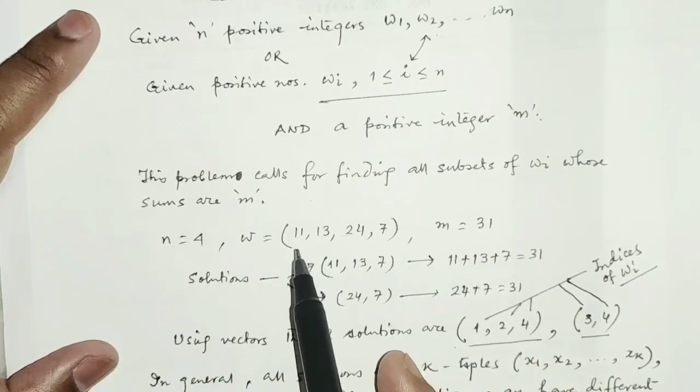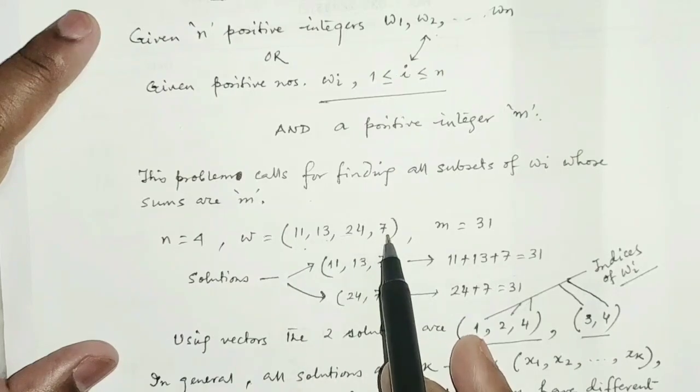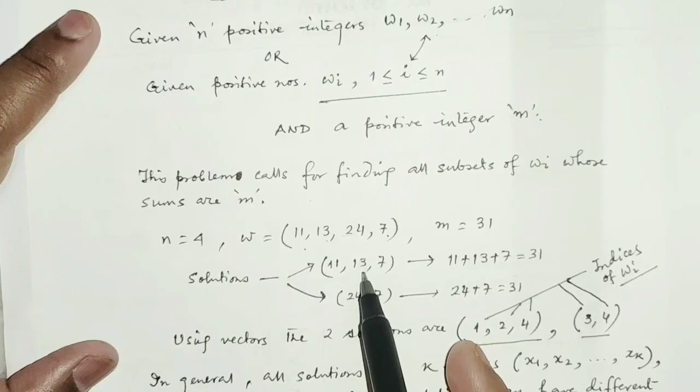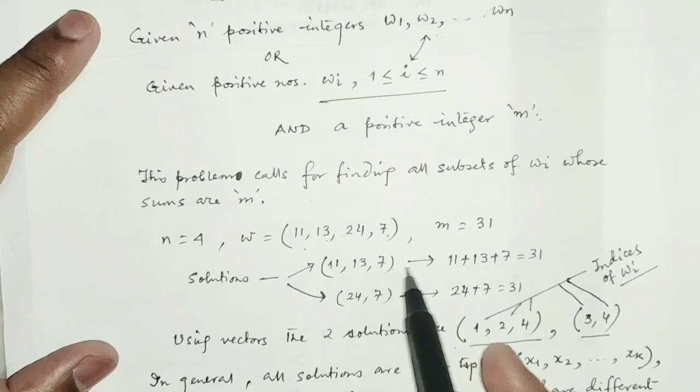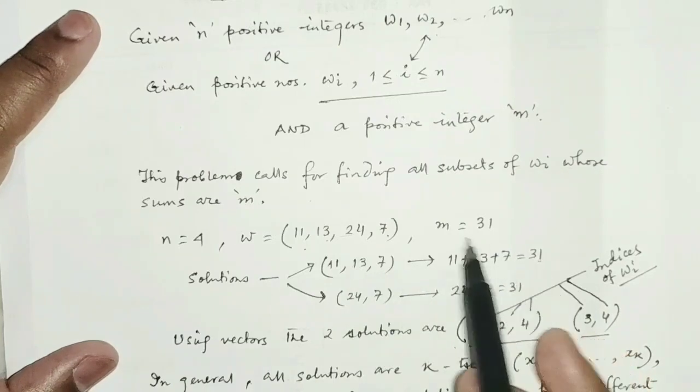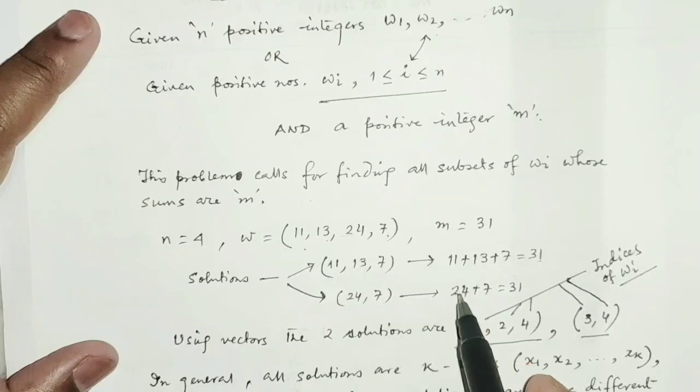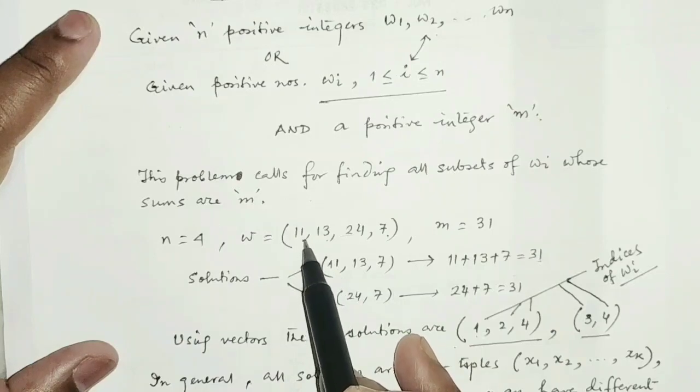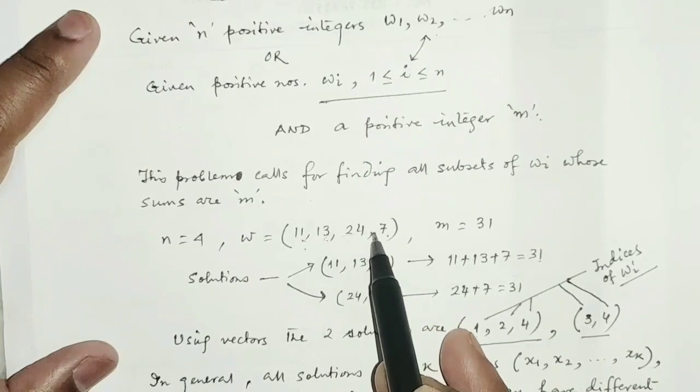So one of the probable combinations is 11 plus 13 plus 7. 11 plus 13 is 24, plus 7, 31. And another solution is 24 and 7. That is 24 plus 7 is 31. So using vectors, the two solutions are: we are taking integer 1, we are taking integer 2, and we are taking the fourth integer.